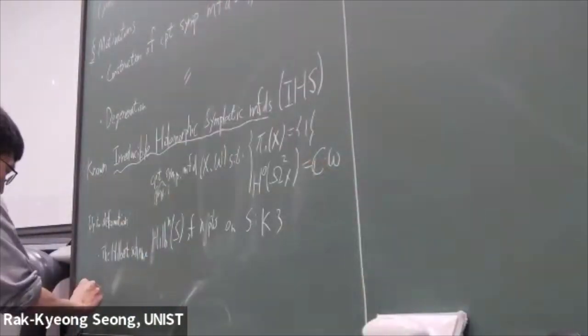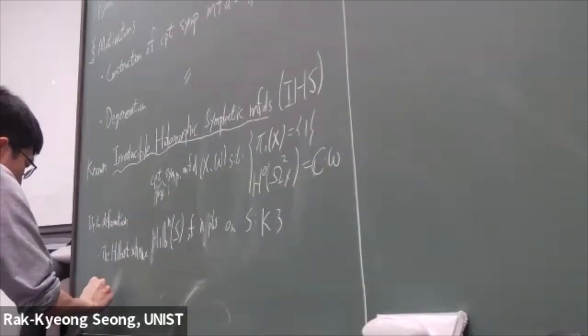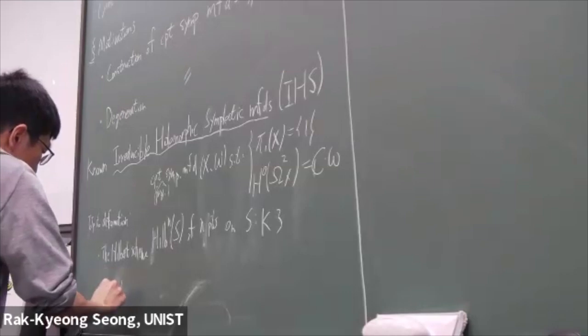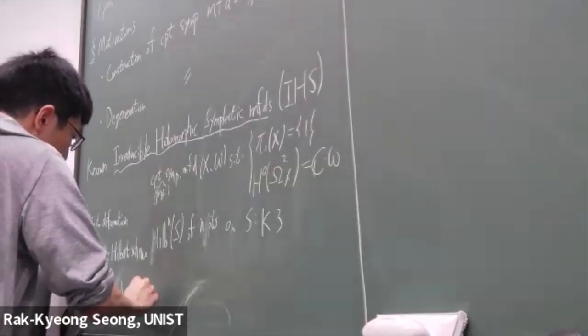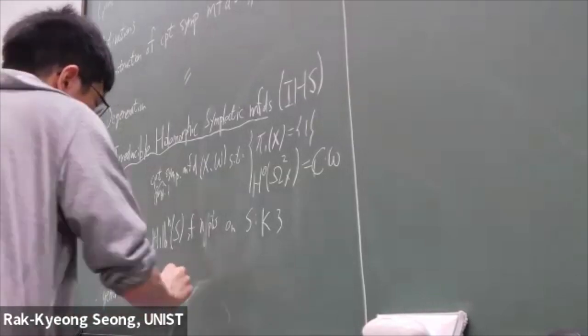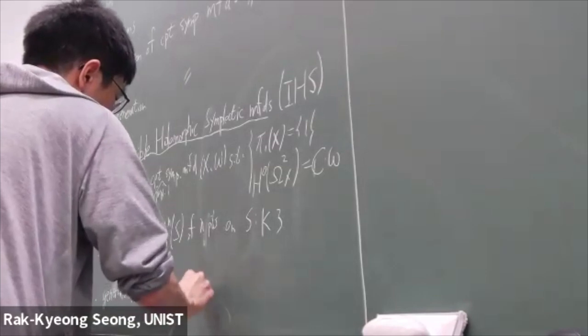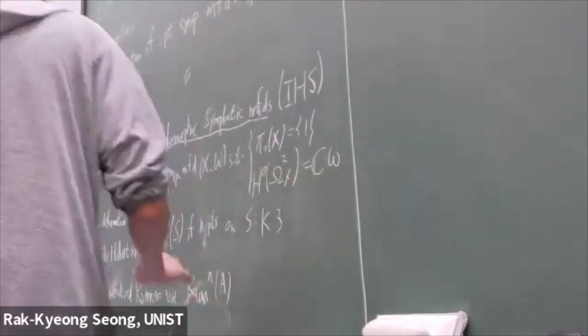The second is the so-called generalized Kummer varieties.